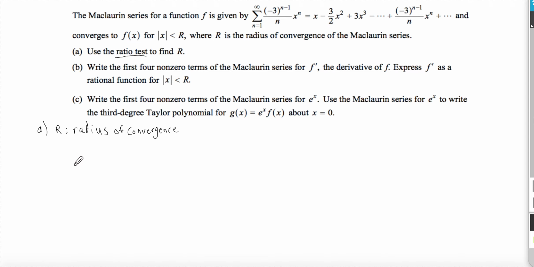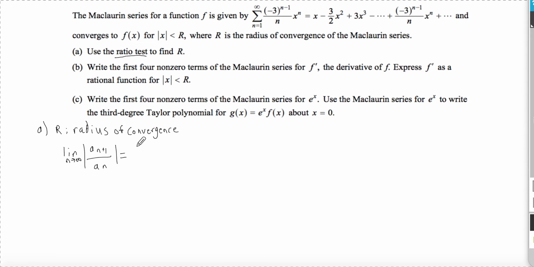All right, for our ratio test, we need to find the limit as n approaches infinity of the absolute value of a sub n plus 1 over a sub n, right? All right, let's go up to our series. We have our a sub n terms. They are right here. A sub n, or the general term, these are the same, right?